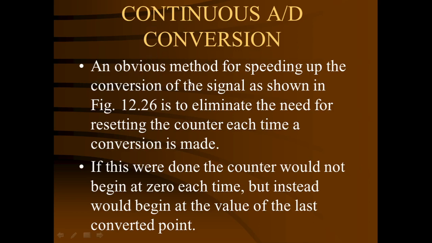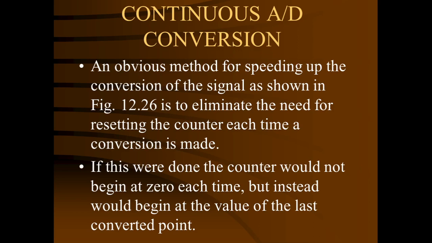An obvious method for speeding up the conversion, as shown in figure 12.26, is to eliminate the need for resetting the counter each time a conversion is made. In a counter type converter, the counter has to be reset, but here we need not reset the counter. If this were done, the counter would not begin at 0 each time, but instead would begin at the value of the last converted point.